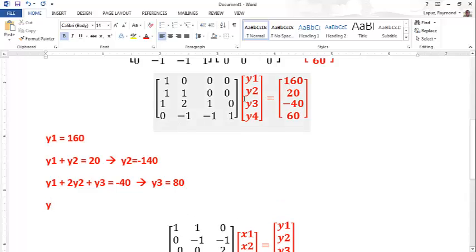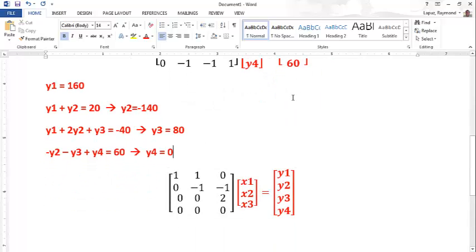So we have a 0 times Y1, so that's not going to factor into anything. We have a negative Y2 times 1, minus 1 times Y3, and then a plus Y4, and then this is supposed to equal 60.